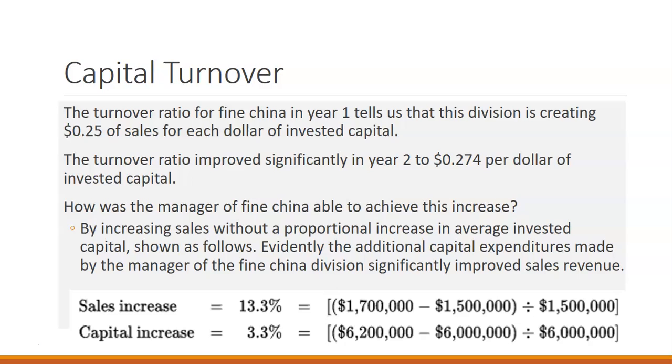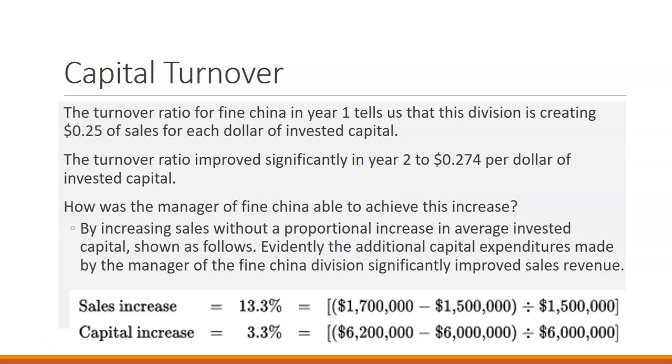The capital turnover ratio for Fine China shows us that the division is creating 25 cents of sales for each dollar of invested capital. So the turnover ratio improved in year 2 to 27.4 cents per dollar of invested capital.